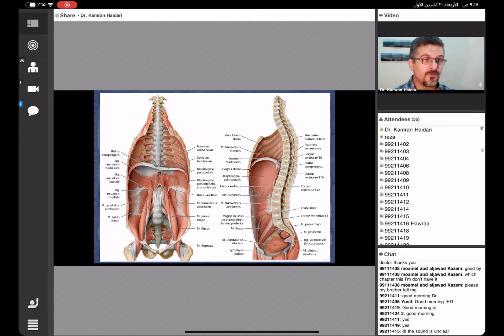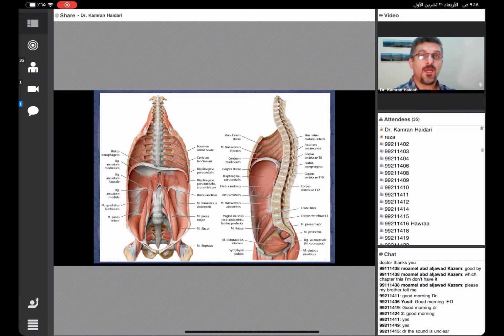But this hiatus is made by the right crus, because, as I told you before, the muscular fibers of the right crus encircle the esophagus and make this orifice for the esophagus. The esophagus enters the abdomen from the thorax by passing through this orifice or hiatus.